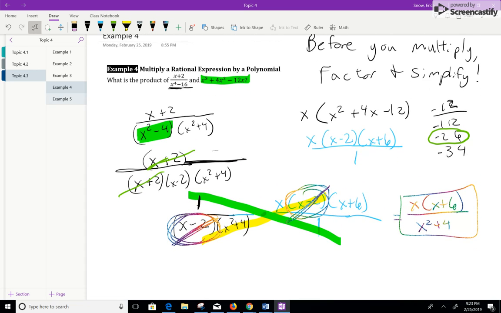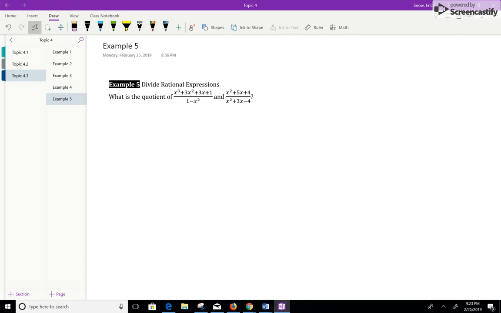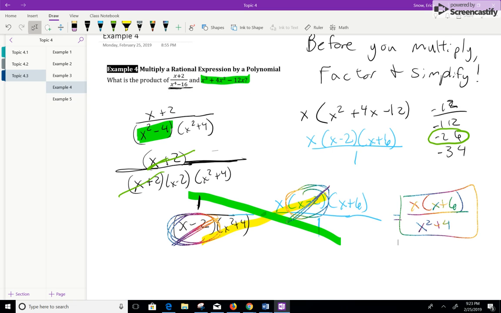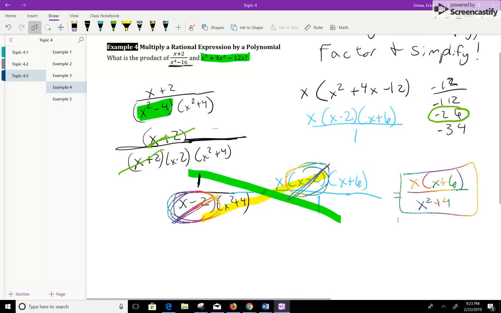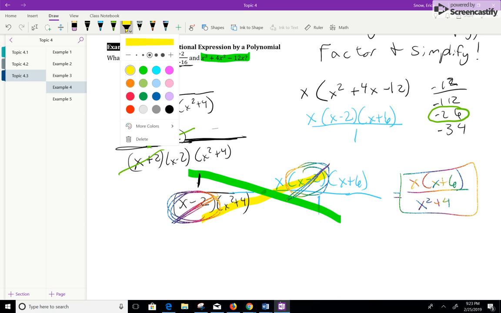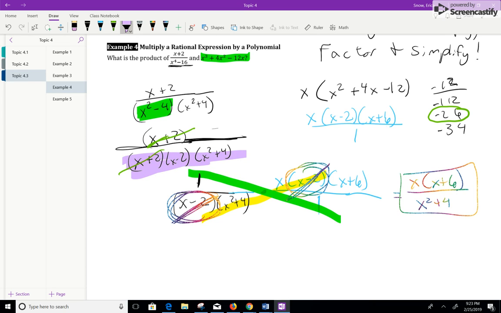Okay, example 5 is our last one. I think, you guys can correct me if I'm wrong, and maybe we're going to talk about this really fast, I think that this question on your notes asks you about the domain. When you consider the domain of this function, you need to go back to your original factors, all of these right here.